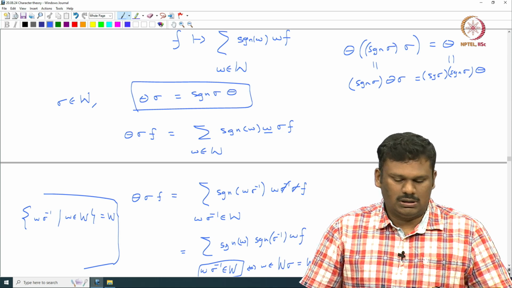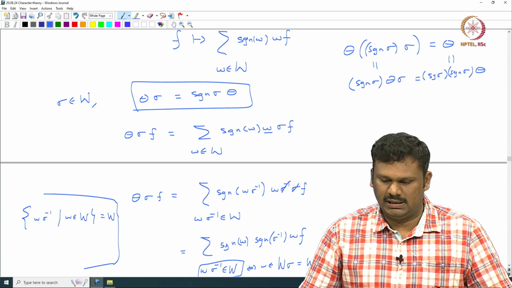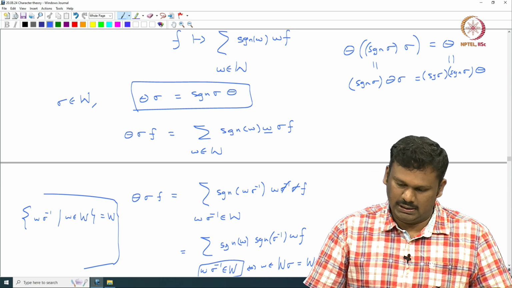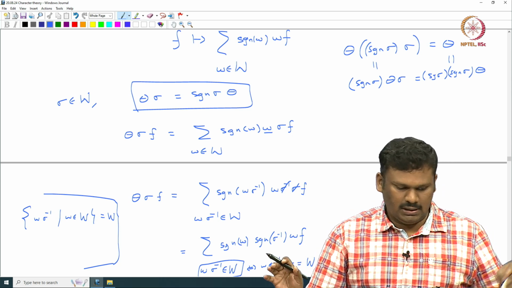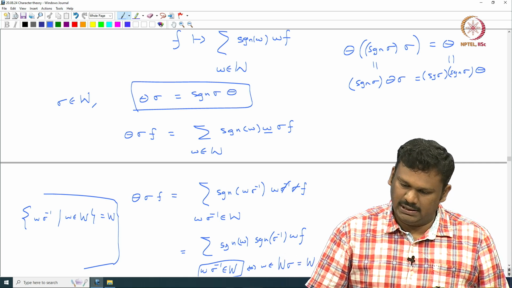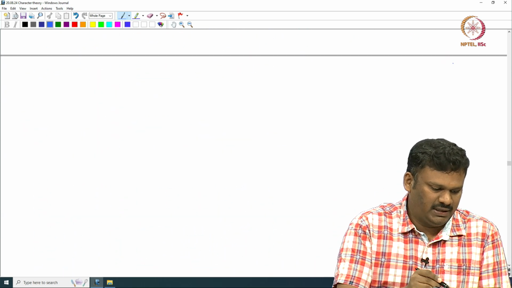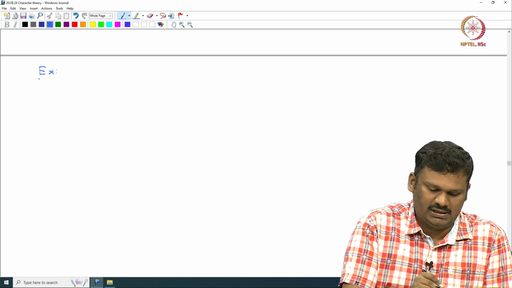Okay. So, now we are going to use this and then see what is going to be theta square. So, you can actually just calculate theta square and then see that it is going to be exactly the cardinality of W times theta. So, I will leave it as an exercise. This is a very simple exercise.